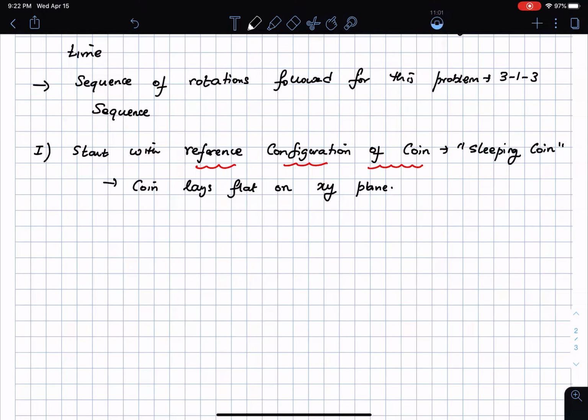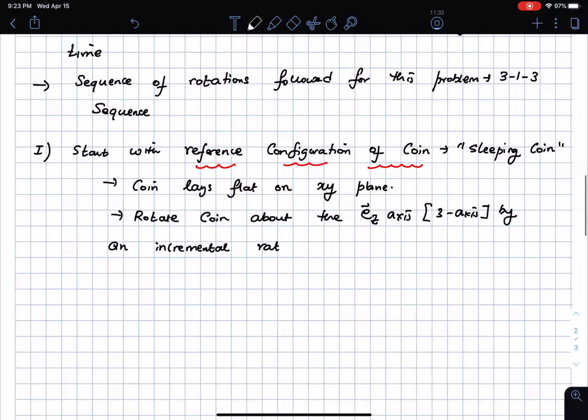Then, to perform the first of the 3-1-3 rotations, I take the coin and rotate it about the 3 axis, or the EZ axis, at an incremental rate of phi dot.